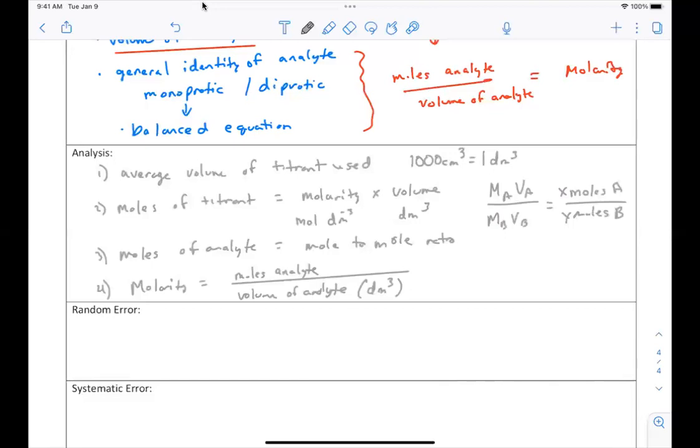You might be solving for MA, which means you'd have to know VA, MB, VB, and then the mole ratio. Or if you're solving for VA, you'd have to know MA, MB, VB, and then the mole ratio.